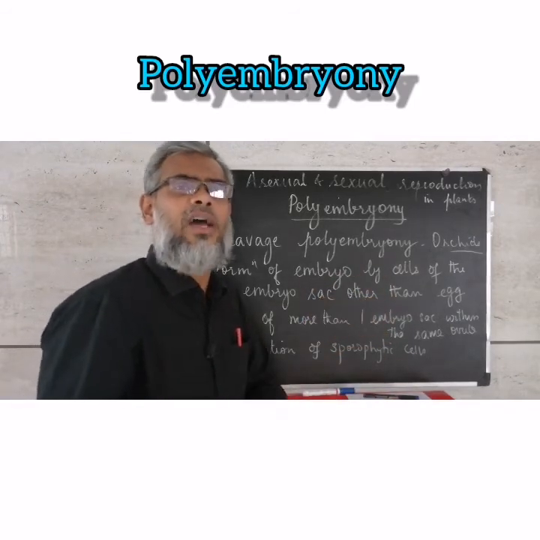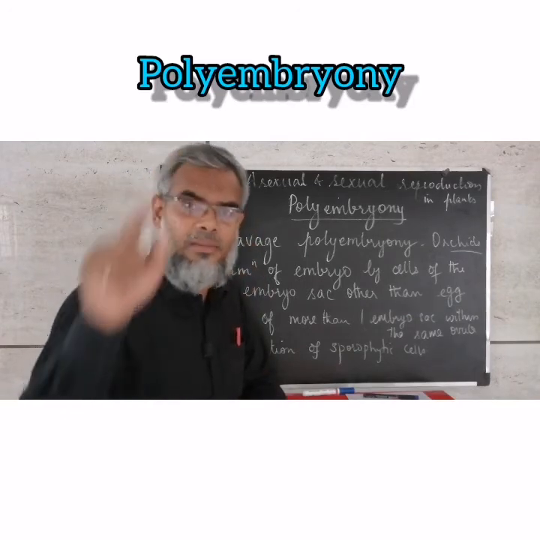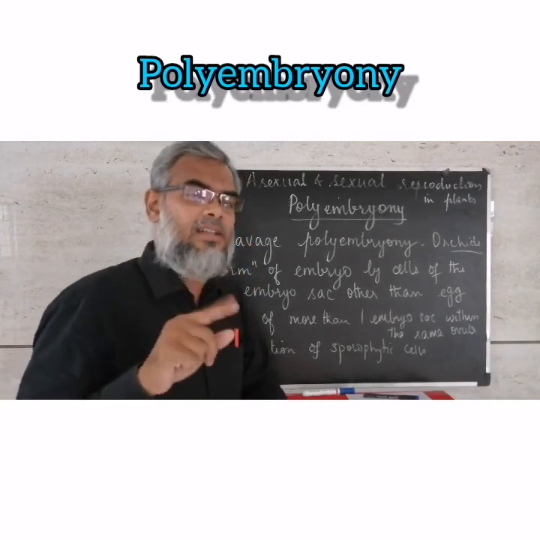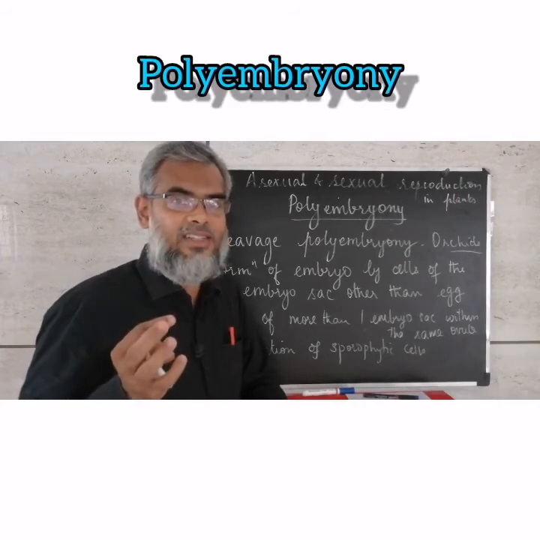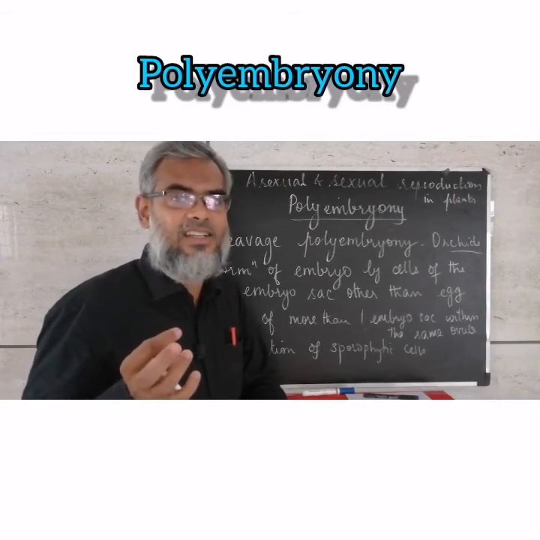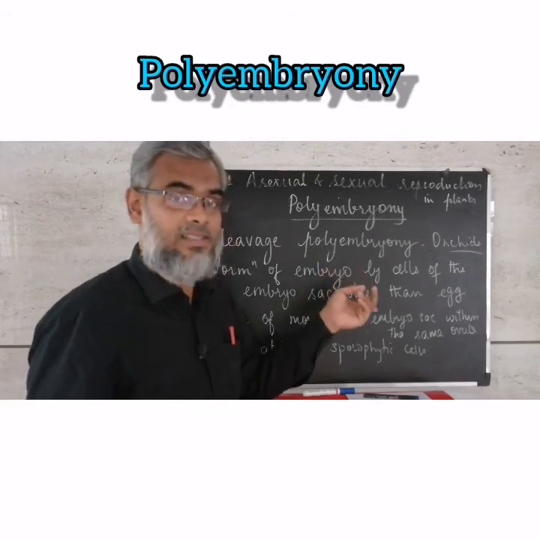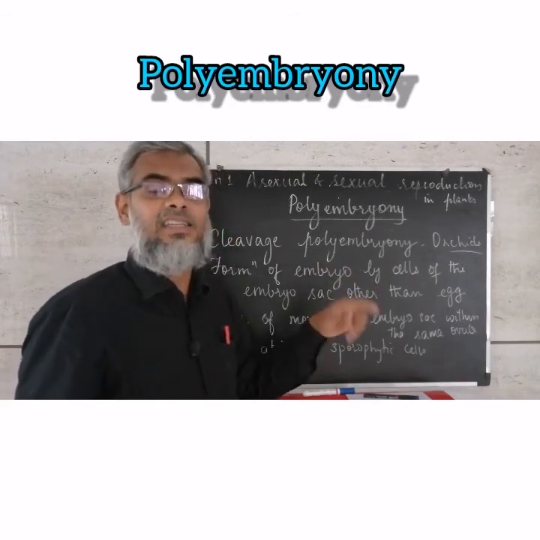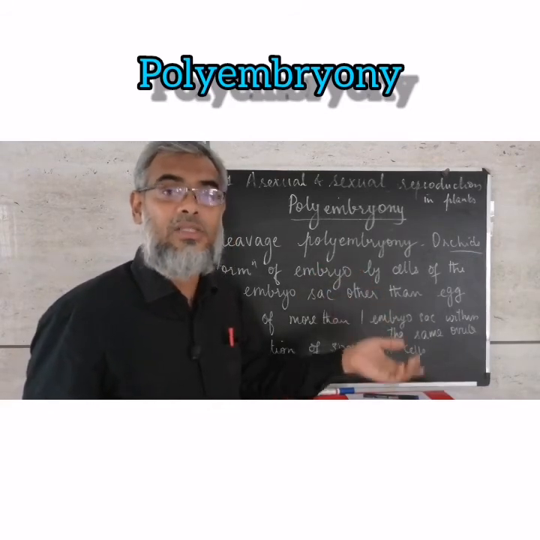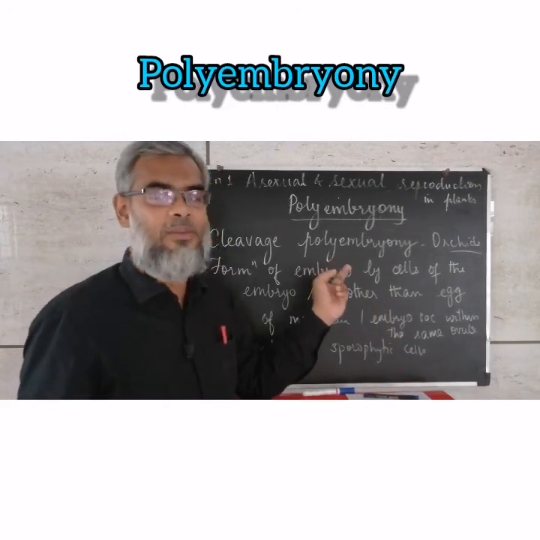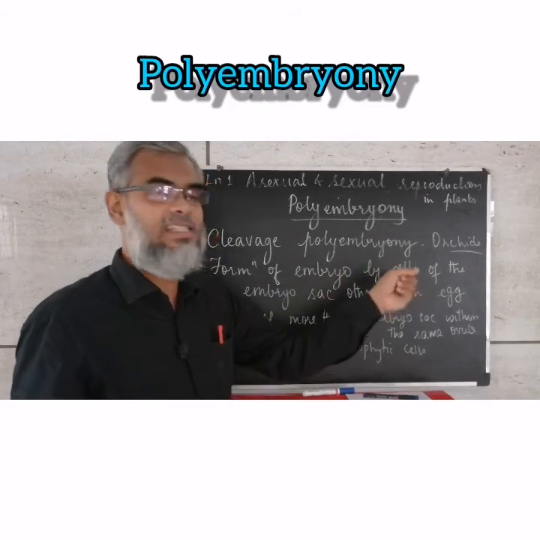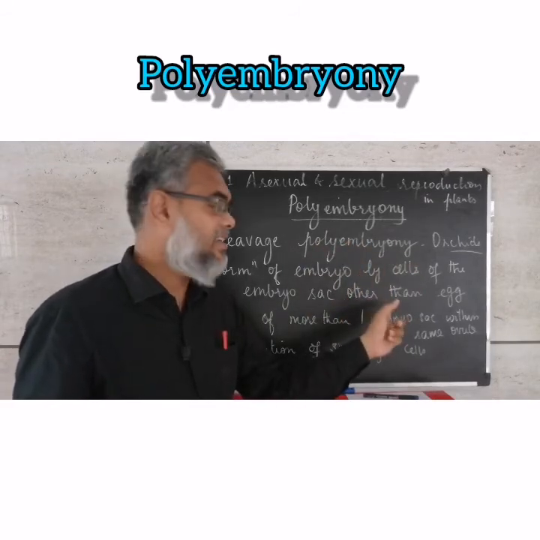Other than egg means where? We know that in the embryo sac we have the egg. Other than that, what do we have? We have antipodals, we have synergids, isn't it? So other than egg, if synergids or antipodals or endosperm form an embryo, that is formation of embryo by cells of the embryo sac other than egg.